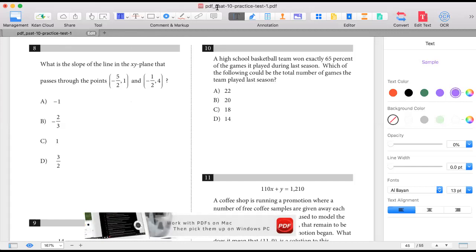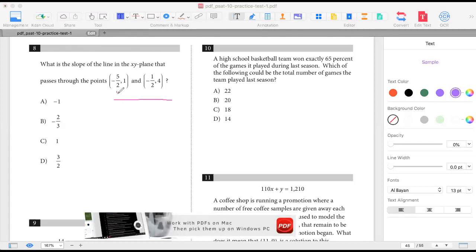Let me write it here. y2 minus y1 over x2 minus x1.